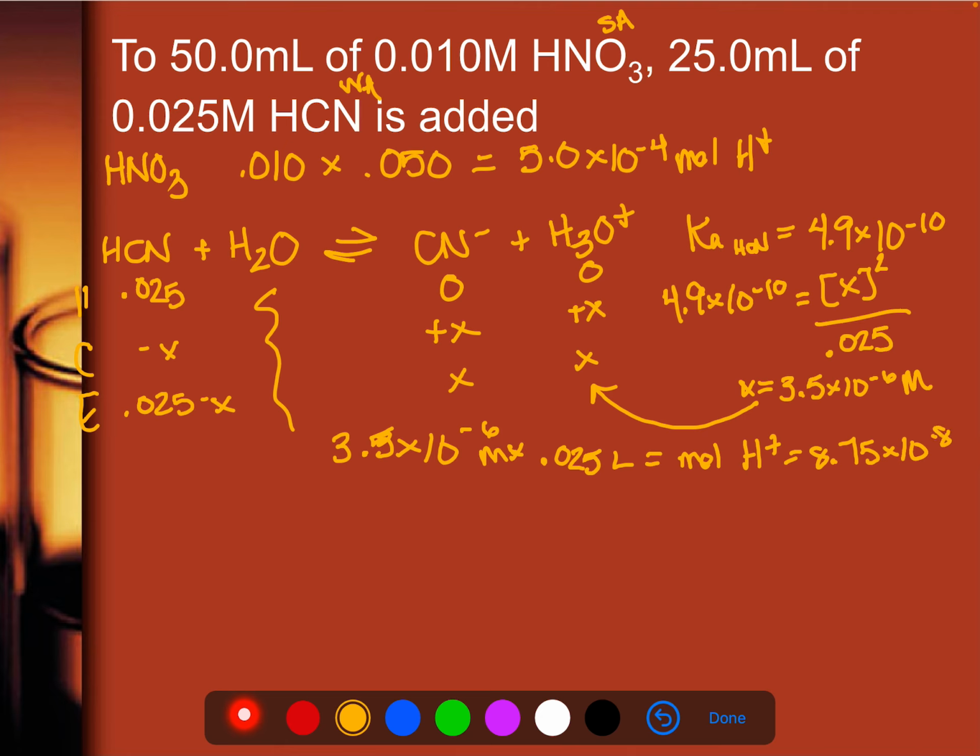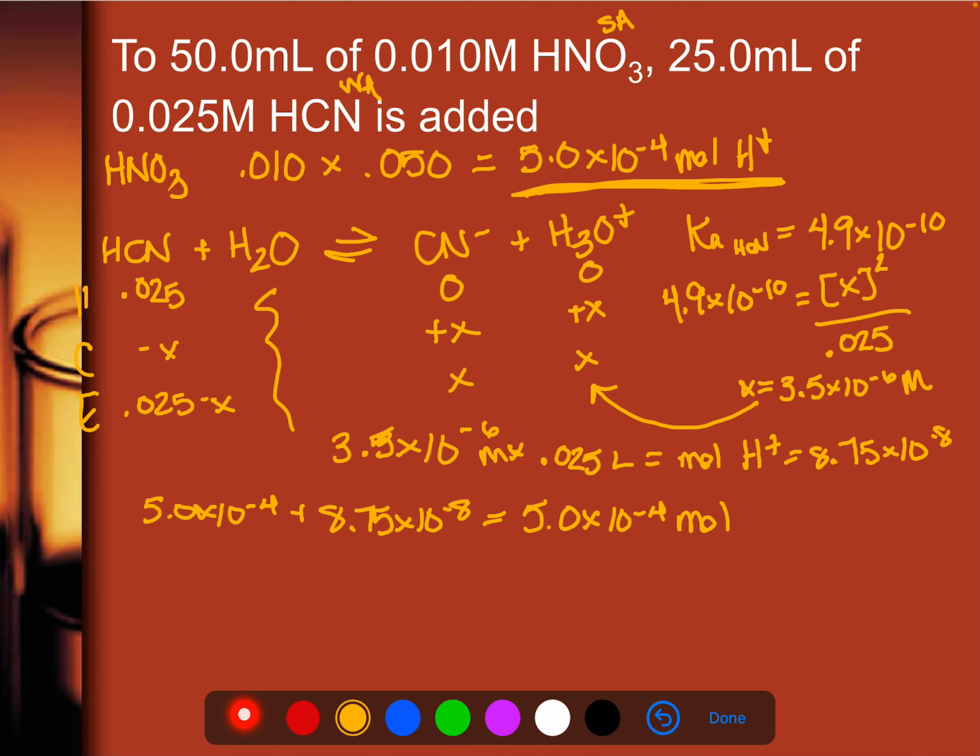Now, since these were both acids, we would typically add these together. So if we do the 5.0 times 10 to the negative 4th plus 8.75 times 10 to the negative 8th, that is going to be a total, when you look at sig figs, of 5.0 times 10 to the negative 4th moles, which if you look is the same as our number of moles from our strong acid.